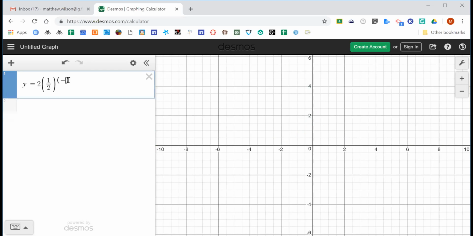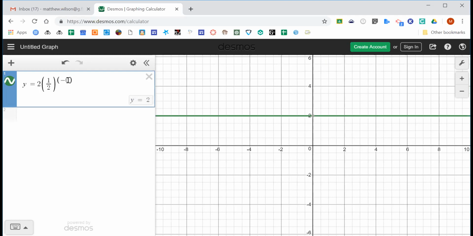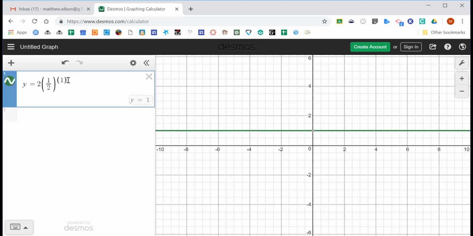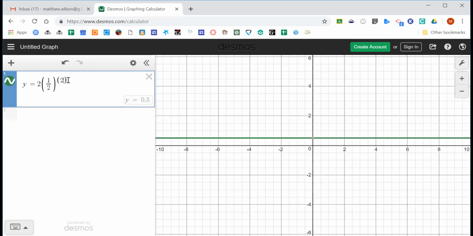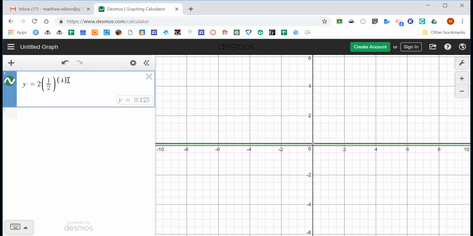I'm just hitting backspace, 0, it's 2, backspace, backspace, 1. 1, 1, backspace, 2 is half, 3 is quarter, 4 is 1 and 2500ths, and we saw that pattern of decrease in the graphing calculator as well.